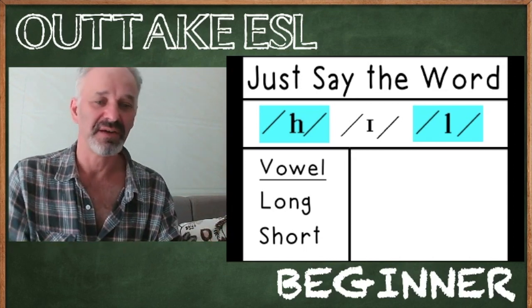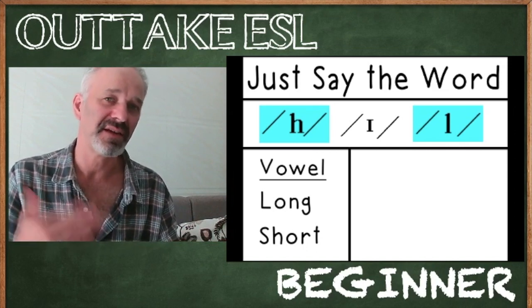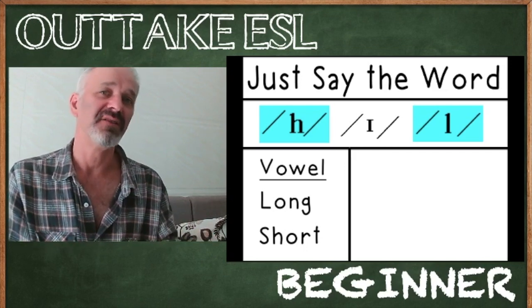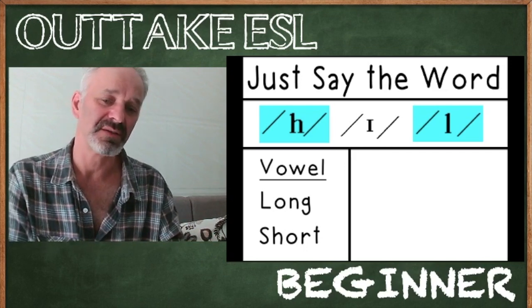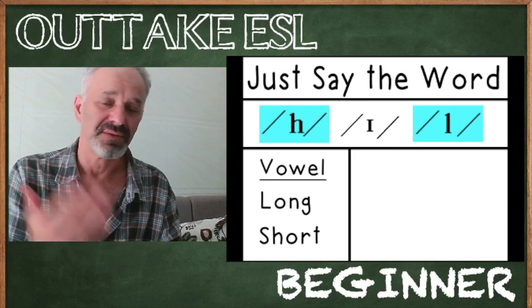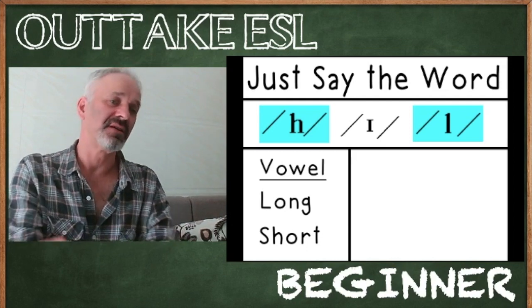If you repeat that exercise and establish that familiarity and what the expectations are, then you can have more involvement in a classroom. Especially when you have 30, 40, 50 students. So this is the exercise I call Just Say the Word.